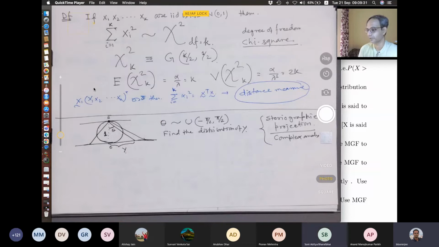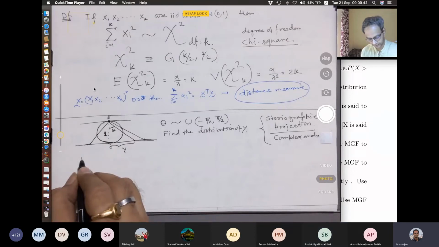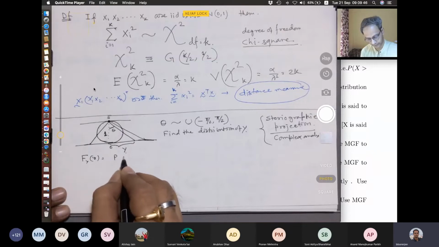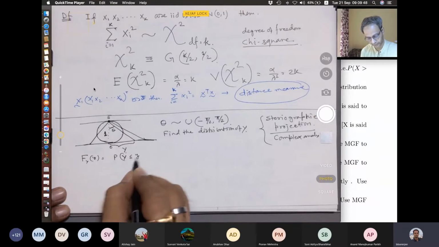Sir, the PDF will be 1 upon pi times 1 plus y square. That is correct, because this is very easy to get. So F(y) equals probability that Y is less than or equal to small y.